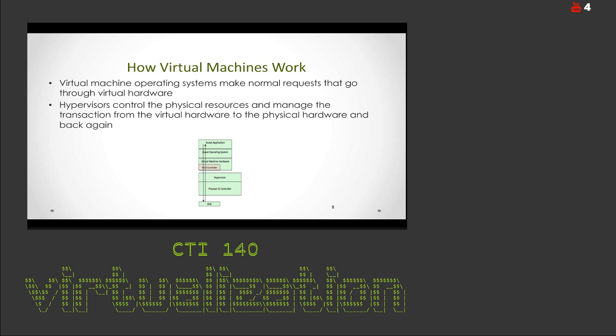So the hypervisor becomes the transporter and the regulator of resources to and from the virtual guests that it supports, all of the virtual machines that you have on your device.